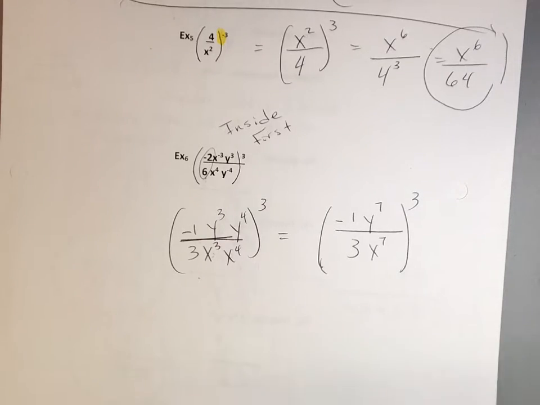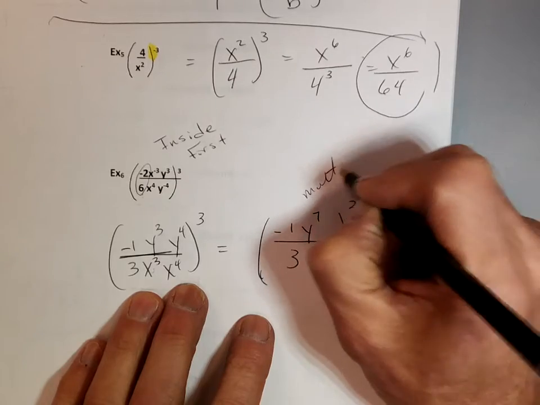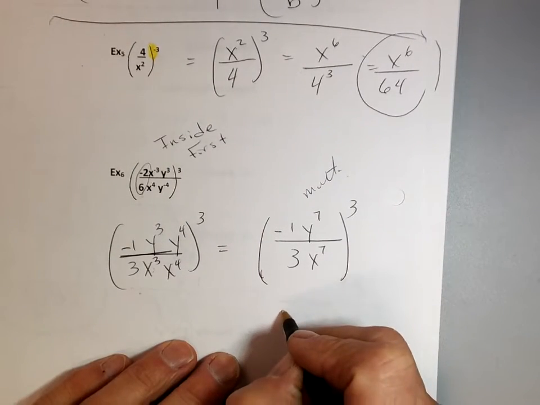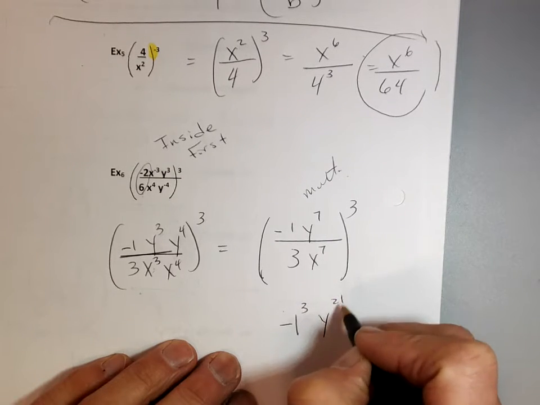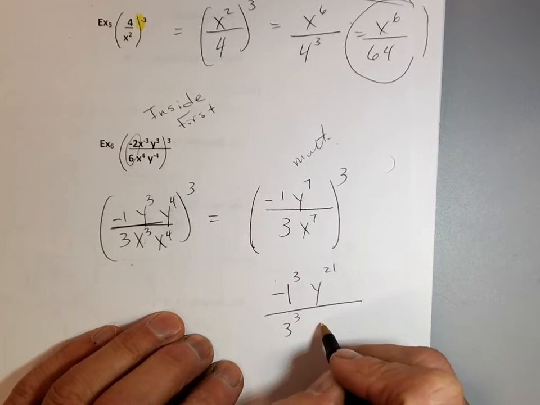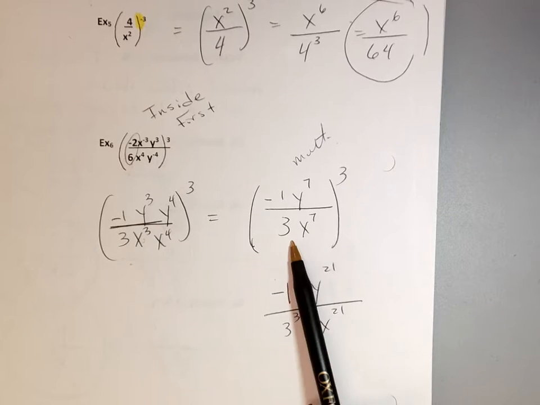Now, I'm going to multiply my exponents, but I'm also going to do this. I'm also going to go a negative 1 to the third, y to the 21 over a 3 to the third and an x to the 21. Because I can't forget the numbers. This 3 is also going to be cubed.